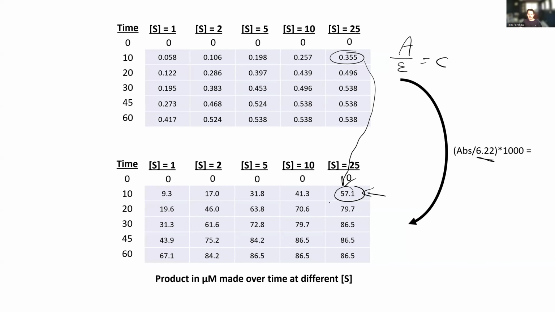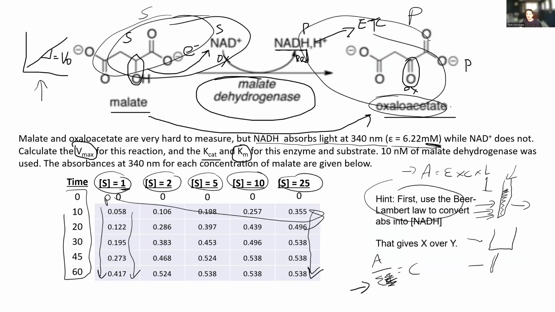And so this number would have been 0.355 divided by 6.22. And that's actually going to give you 0.057 millimolar, because the units here are millimolar.